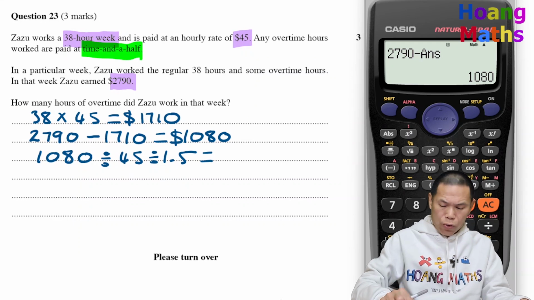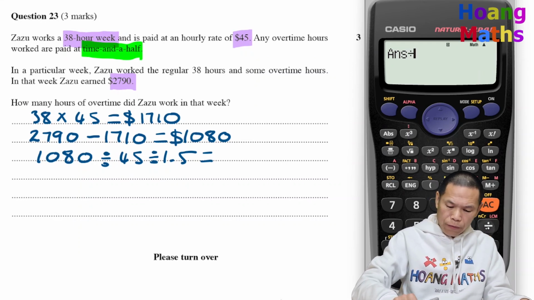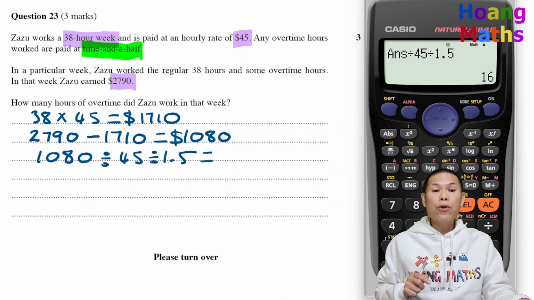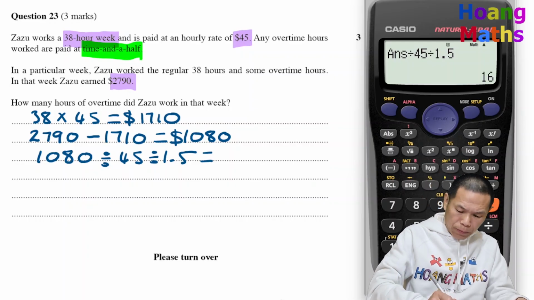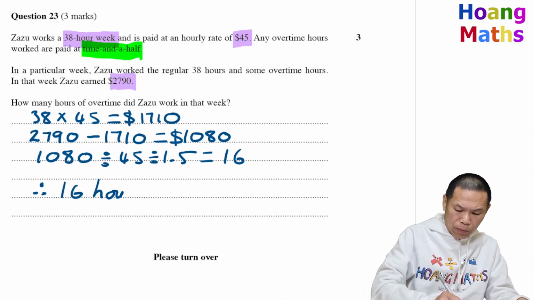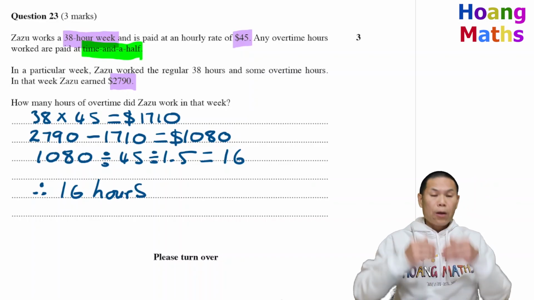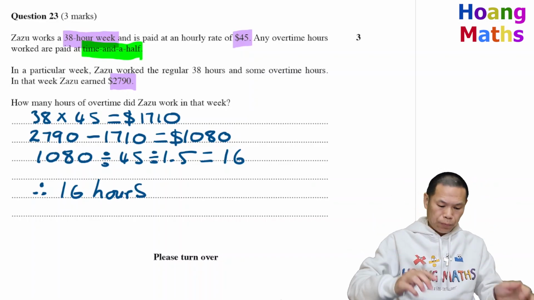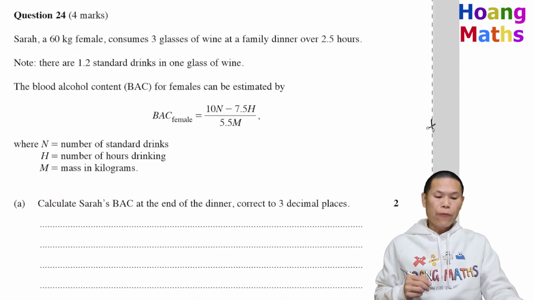So I just go answer divided by 45 and divide by 1.5. So there you go, 16 hours. Therefore, 16 hours. There you go.